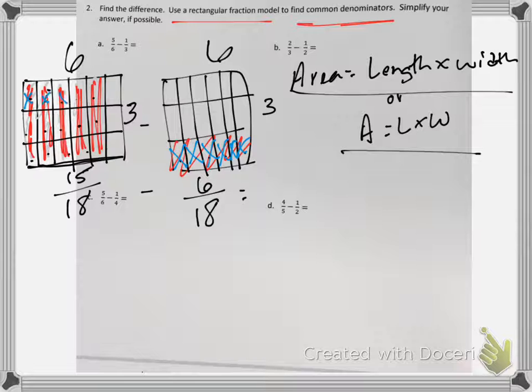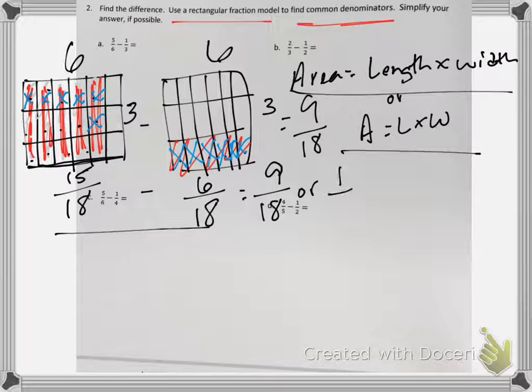So what do we have now? We can either count them: 1, 2, 3, 4, 5, 6, 7, 8, 9. I got 9/18ths. And then we can check that numerically. 15 minus 6 is 9/18ths, or 1/2, because 9 is half of 18. We can rewrite this as 1/2.